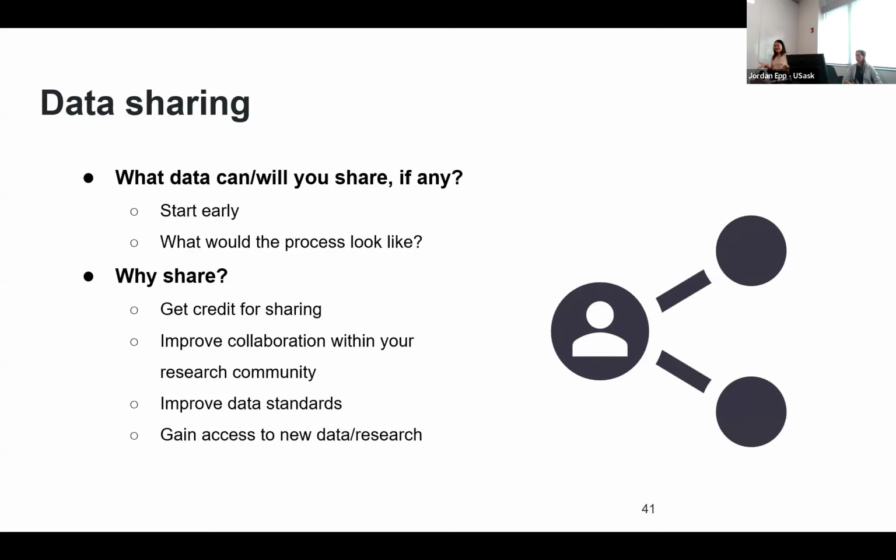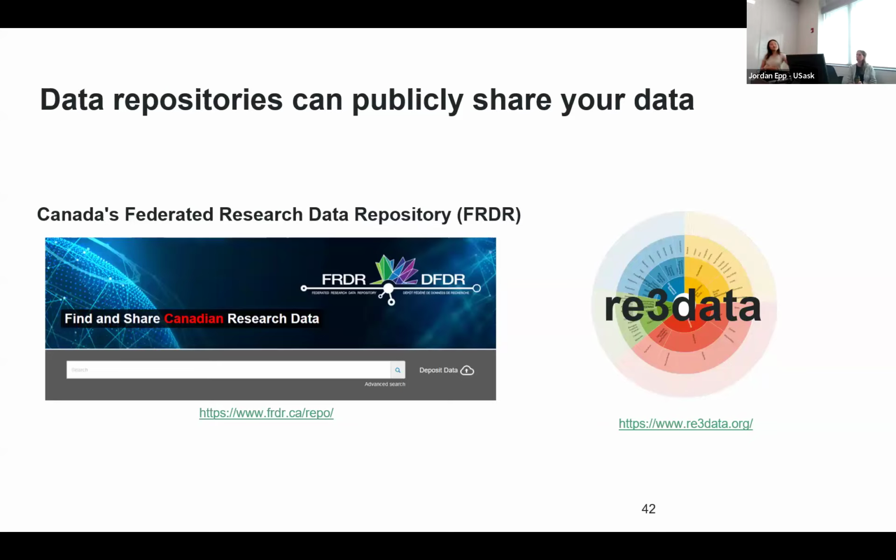If everyone is in that sharing mode, then we can also gain that data, and we can limit duplication of work sometimes by having access to different data that everyone has worked with. So you might be analyzing different things, but you might be working from the same data set. So it's really helpful in that way. Didi might have mentioned a couple of these, but these are some of the big ones that we talk about.